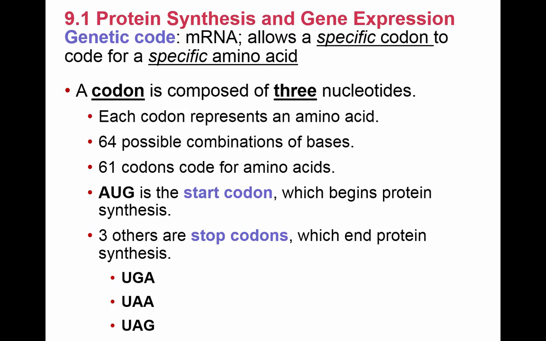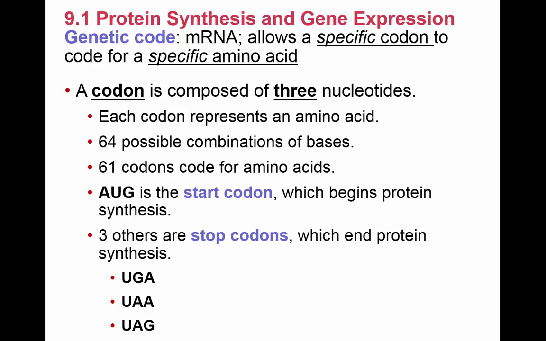Now, there are 64 different codons because there are 64 different combinations of bases that you can make. Of those 64 codons, 61 of them actually stand for amino acids. The other ones stand for starting and stopping. AUG is known as the start codon, and it's called the start codon because this is where protein synthesis begins.